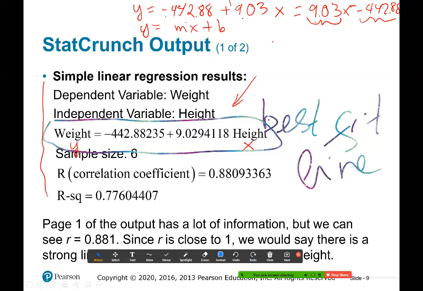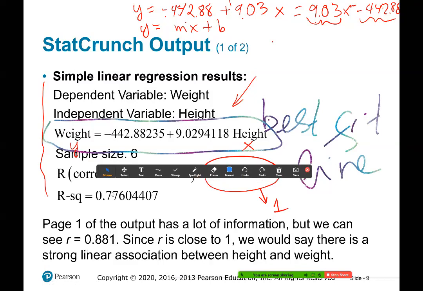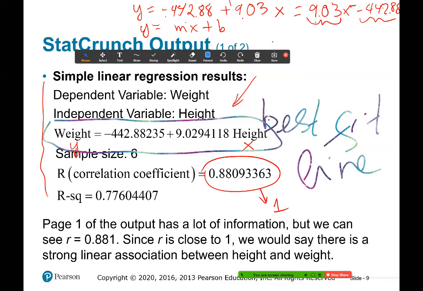So the next one is R, the correlation. Page 1 of the output has a lot of information, but we can see R equals 0.881. Since R is close to 1, we will say there is a strong linear association between the height and the wage.